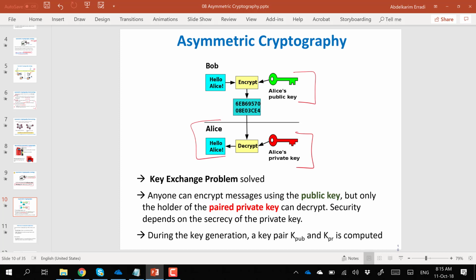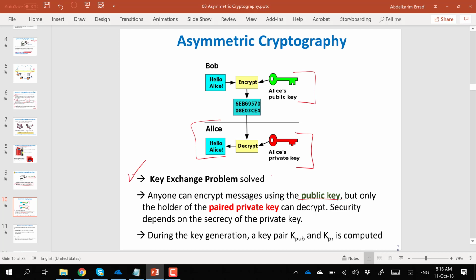Okay? So you can see here, we don't have this problem of key exchange or agreeing on a key. We just have the public one to encrypt and the private one to decrypt. Anyone can encrypt using the public key, and only the recipient can decrypt. And by the way, this public and private key are mathematically related.